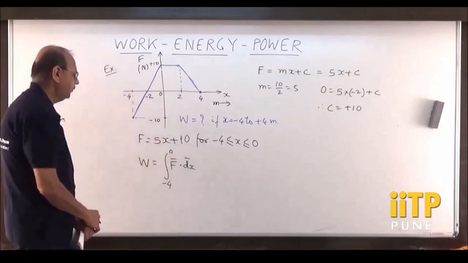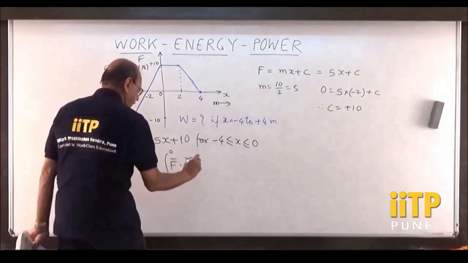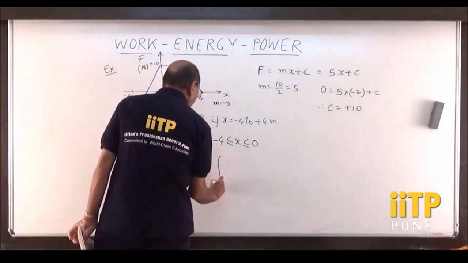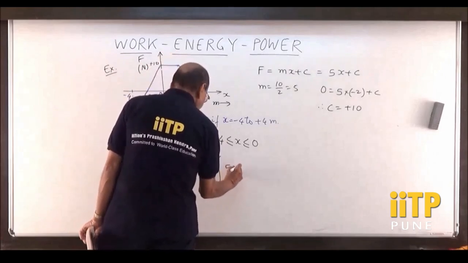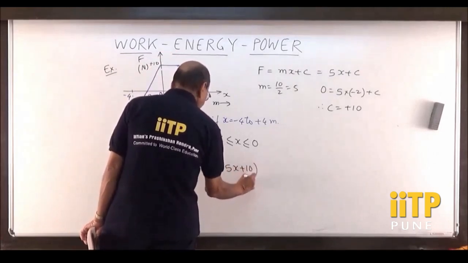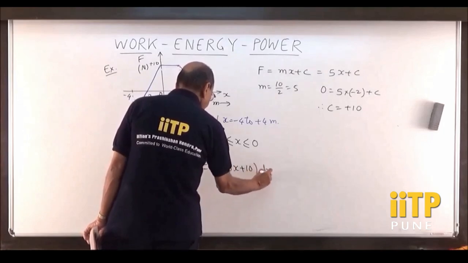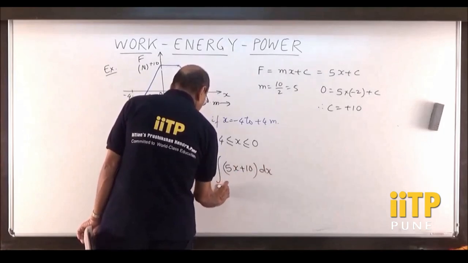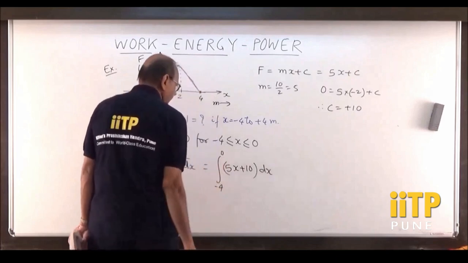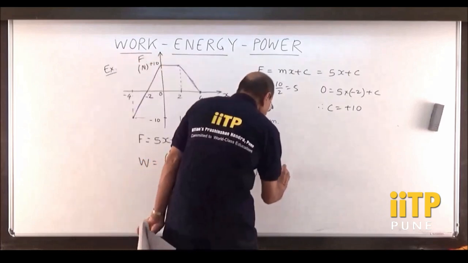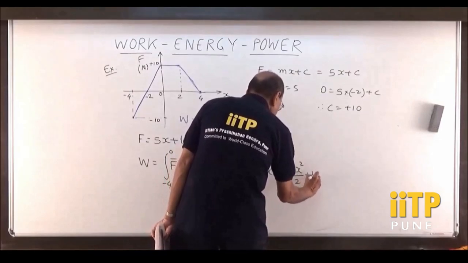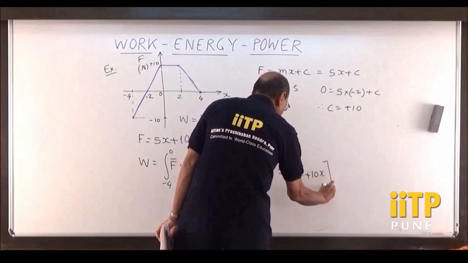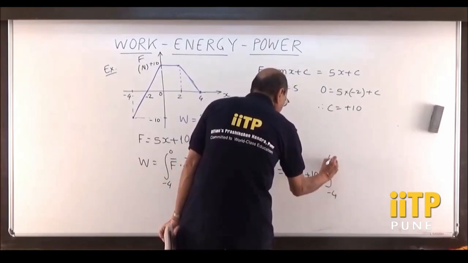This is one way of solving the problem, and therefore this will become the integral of 5x plus 10 dx from minus 4 to 0. And this integration is very simple. It is equal to 5x square by 2 plus 10x, from minus 4 to 0.